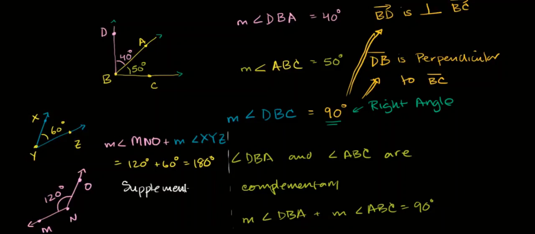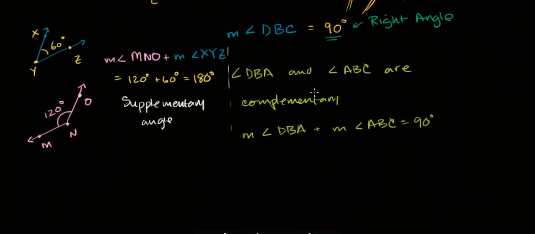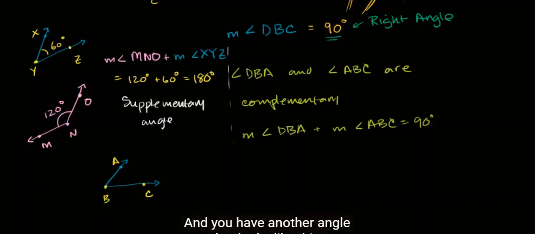Angles. Supplementary angles. And if you have two supplementary angles that are adjacent, so that they share a common side, let me draw that over here. So let's say you have one angle that looks like this, and you have another angle. Let me put some letters here again, and I'll start reusing letters. So let's say that this is A, B, C, and you have another angle that looks like this.